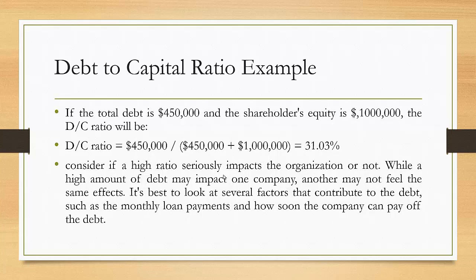So consider if a high ratio seriously impacts the organization or not. While a higher amount of debt may impact one company, another may not feel the same effect. It is best to look at several factors that contribute to the debt, such as monthly loan payments and how soon the company can pay off the debt.